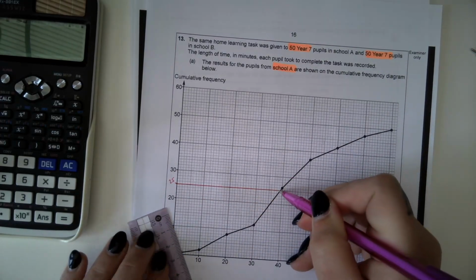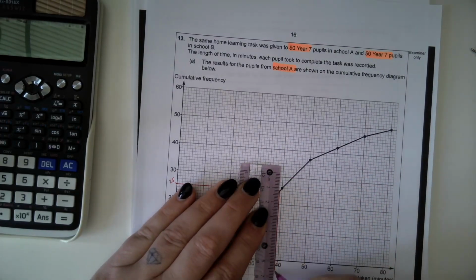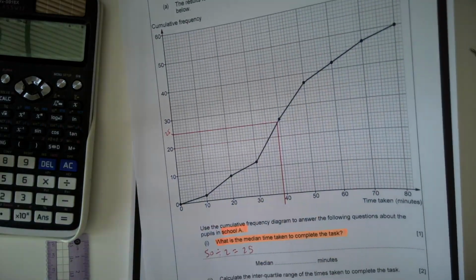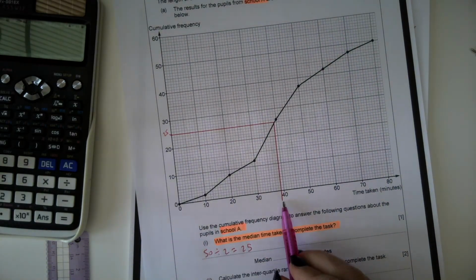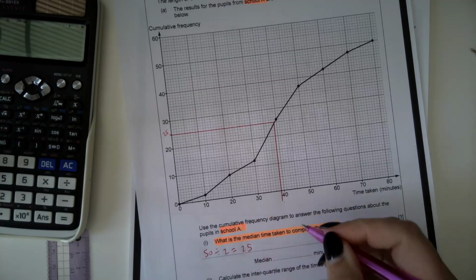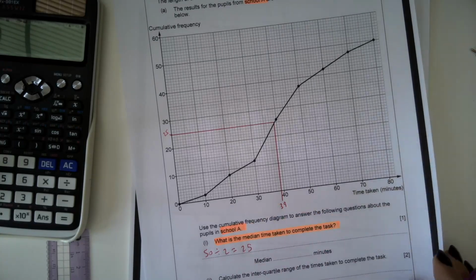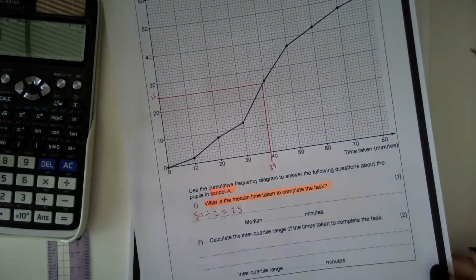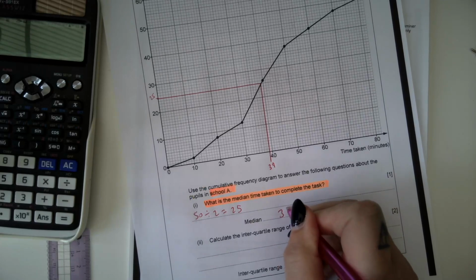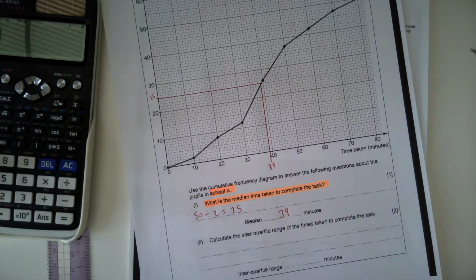And then where it meets the graph, I'm going to come down to the axis that measures time. And then I'm going to read off this value. So from 30 to 40, there's 10 little squares, so each square must be 1. So this must be 39. So I'm going to say that the median is 39 minutes.